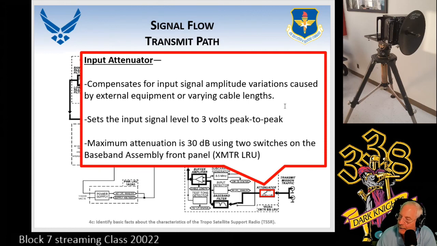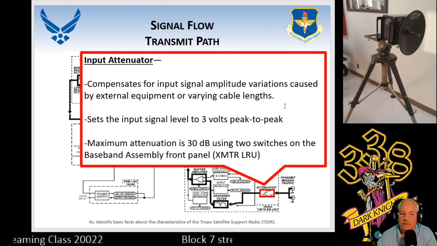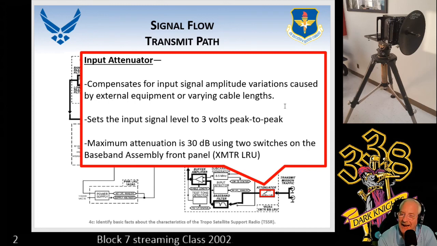Okay. Multiplexers, the ones that I've dealt with, normally have a 5-volt peak to peak coming out. When you put it into the baseband assembly, it wants 3 volts peak to peak. So in other words, you're saturating it.